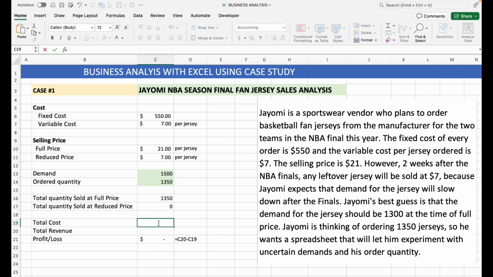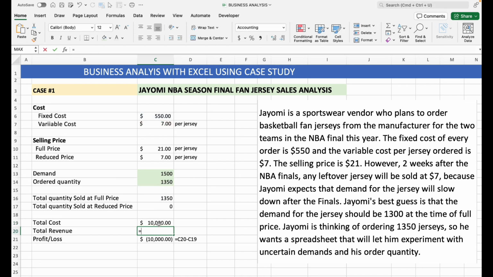Our total cost will be the fixed value plus our variable cost times ordered quantity. That's total cost.